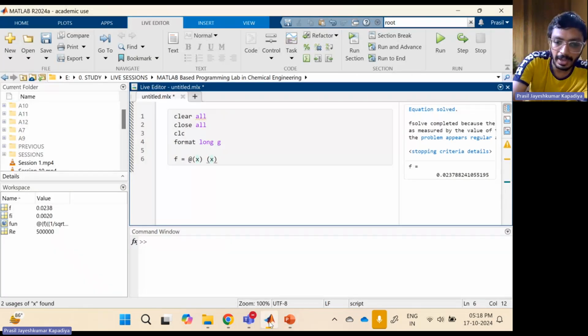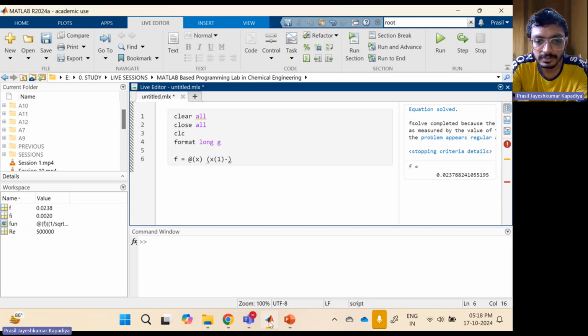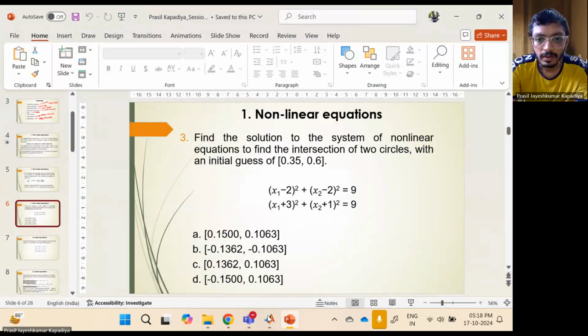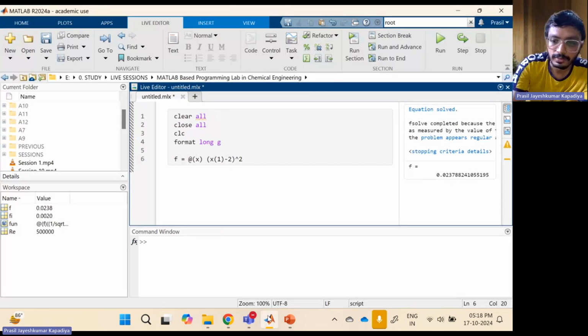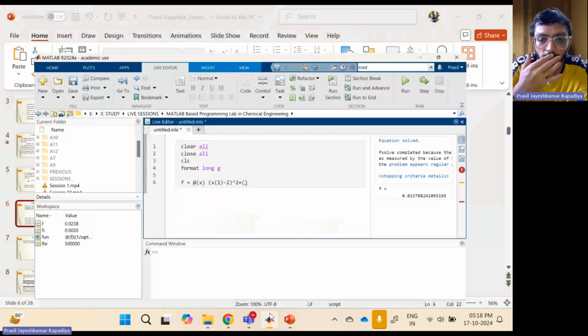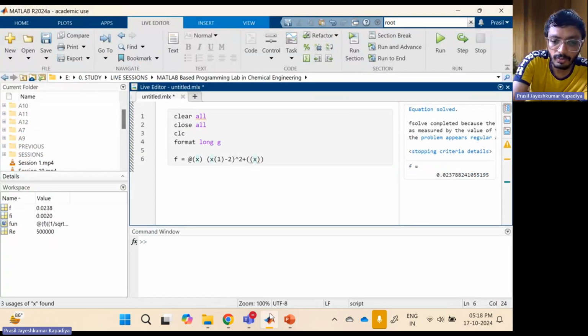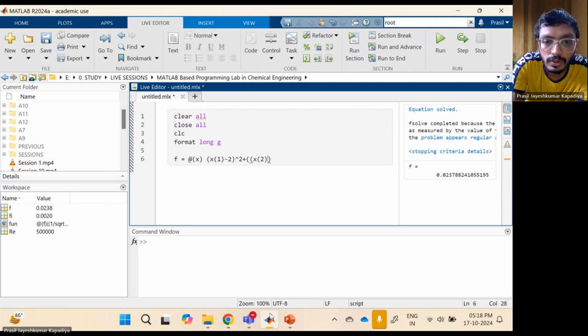So I will not write x1, I will write x of 1 minus 2, and this whole term is raised to 2, plus x2 minus 2 whole squared, so x of 2 minus 2, whole squared, minus 9. So this is my first equation.